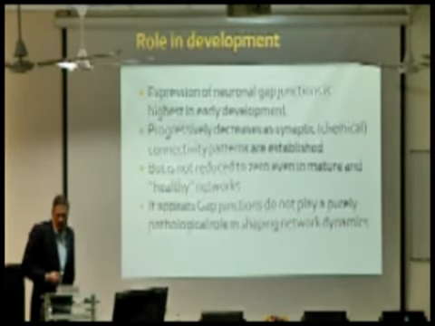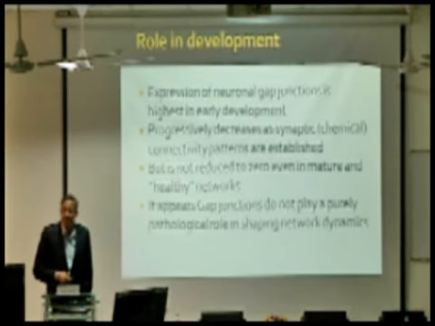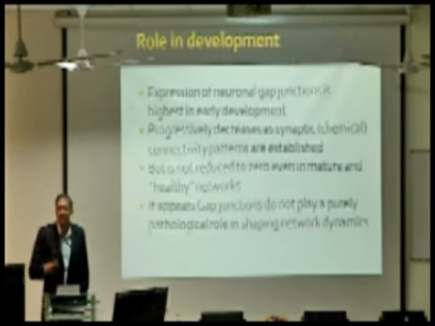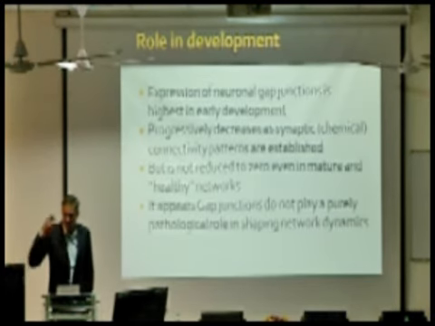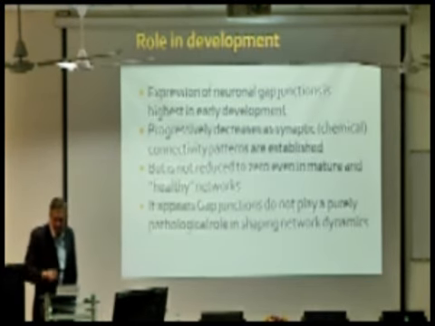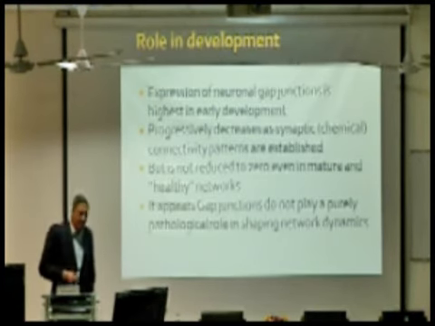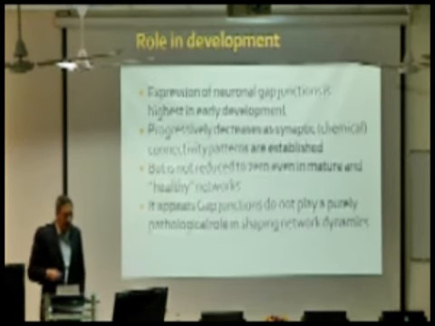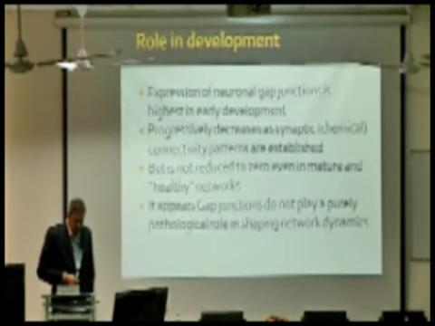But the fact remains is, biologically speaking, the expression of neuronal gap junction is highest in early development when synapses have not yet developed. So these neural gap junctions are in abundance when, let's say, an animal is born or a child is born. But they progressively decrease as synaptic chemical activity patterns are established. So they are precursors to chemical activities that occur.